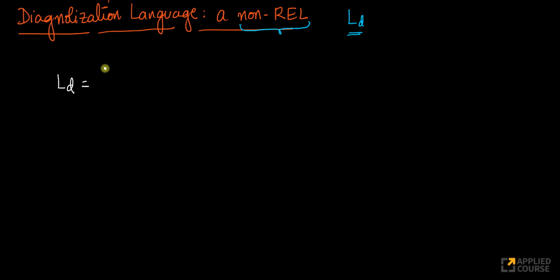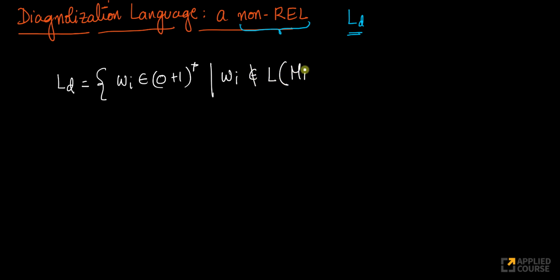The diagonalization language is defined as the set of all binary words Wi such that Wi does not belong to the language accepted by machine Mi. Here remember, when I say machine i, what do I mean?